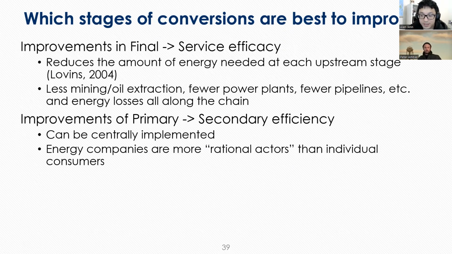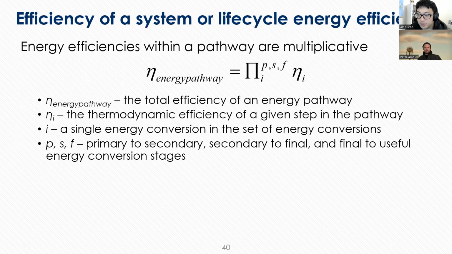So, calculating efficiencies. The efficiency of a system or the life cycle of that system can be measured by the individual efficiencies of each process. So the energy efficiencies are multiplicative.